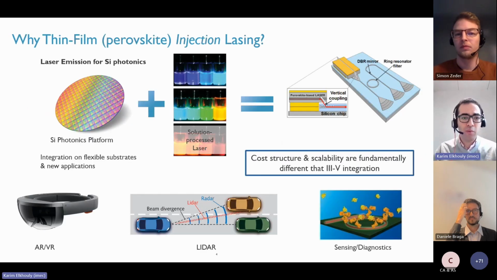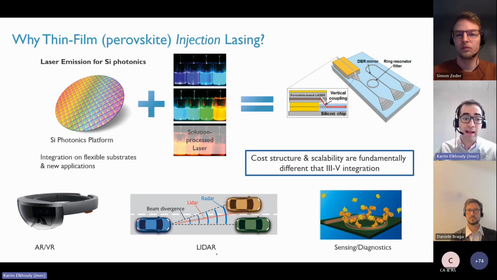So in this case, we are discussing a different way of thinking about this problem, which is that we use the same silicon photonics platform, which already exists. And instead of using III-V semiconductor materials, we go for thin film gain media, which are typically solution processed. There are also other ways to do them, but let's say we focus on solution processing here. In this case, these materials are broadly compatible with any substrate, including silicon and others.